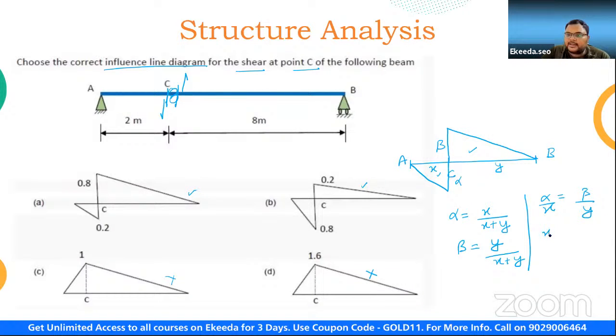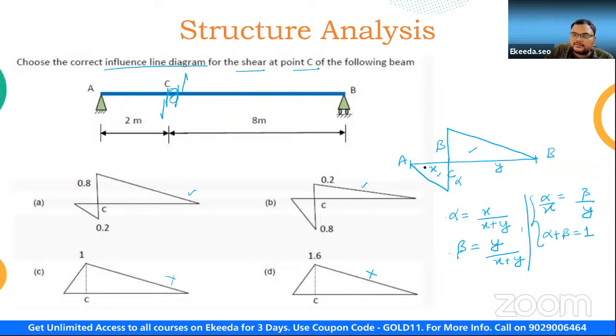And x plus y is how much? Sorry, alpha plus beta is how much? 1. So using these two equations, you can find this alpha and this beta. Once you solve them, you will get alpha as x upon x plus y and beta as y upon x plus y.